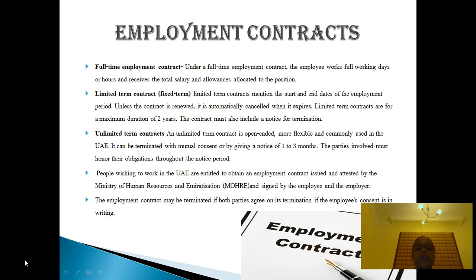People wishing to work in the UAE are entitled to obtain an employment contract issued and attested by the Ministry of Human Resources and Emiratization and signed by the employee and the employer. The employment contract may be terminated if both parties agree on its termination if the employee's consent is in writing.